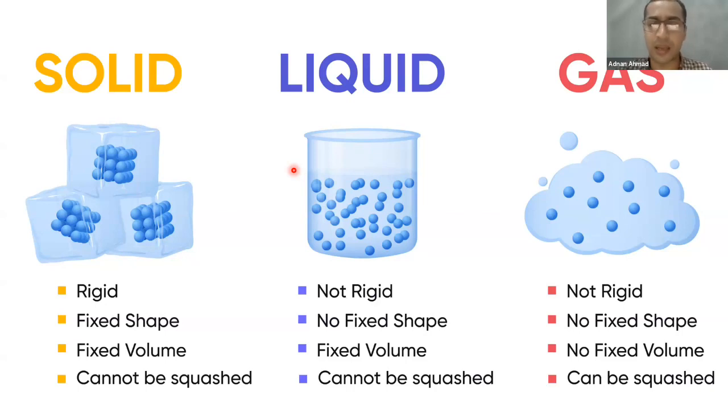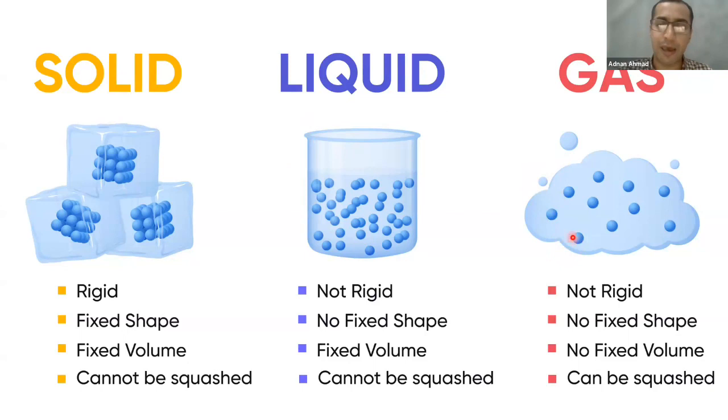So it's something like that. And what is density? Density is mass divided by volume. This is how we exhibit volume.